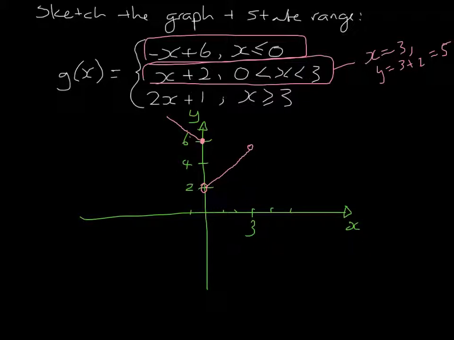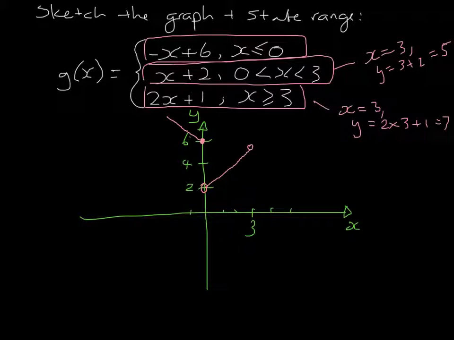And for the third part of this, we're going x greater than or equal to 3. So for this one here, we'll do the same sort of thing. When x is equal to 3, then y will equal 2 by 3 plus 1. 2 3s are 6 plus 1, so that's equal to 7.